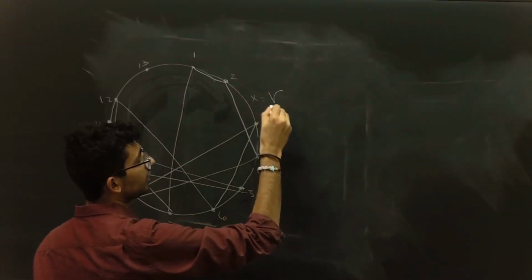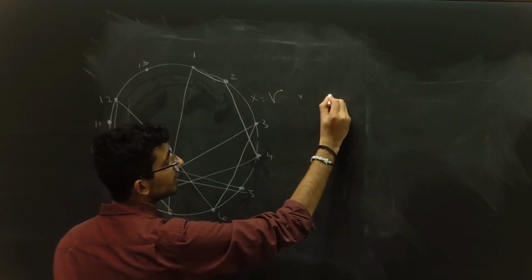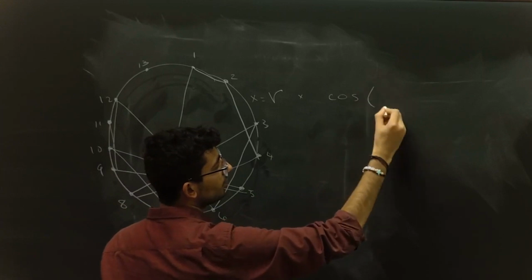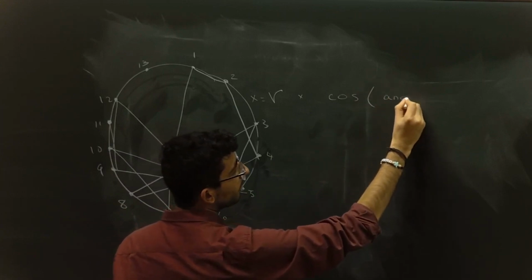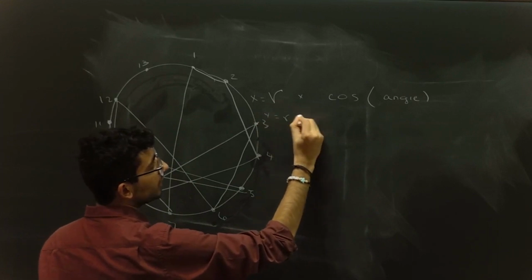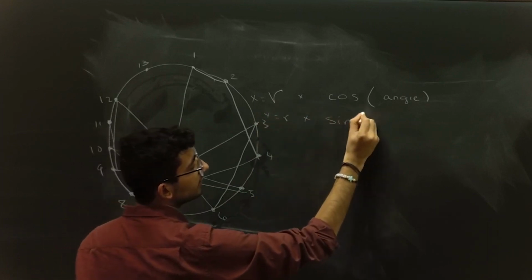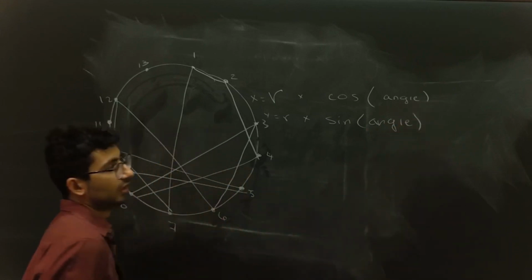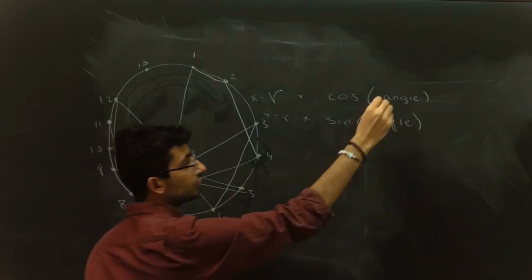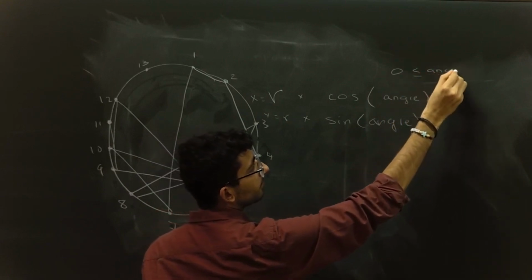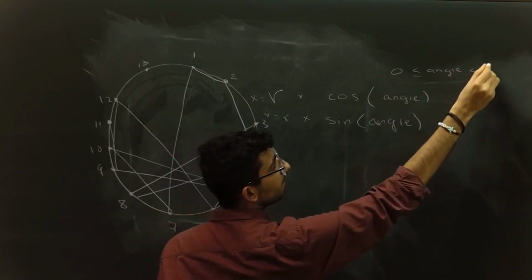So the x coordinate is going to be our radius times the cosine of the angle. And the y value is going to be r times the sine of the angle. And so in radians, this will just be between 0 and 2 pi, right?